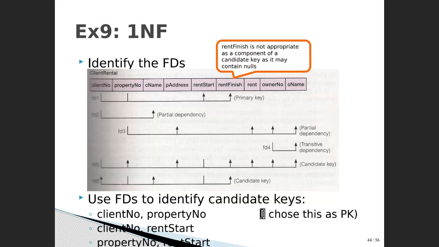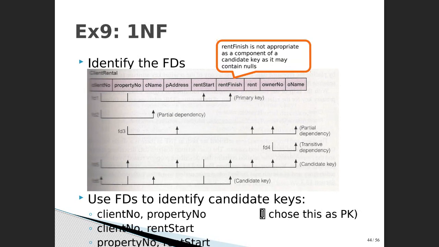Now in this relation we can identify the functional dependencies. Next we will identify the functional dependencies using this approach. I guess there are six, though there is missing data here.